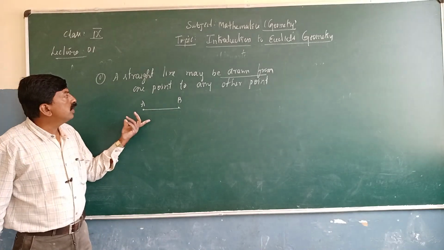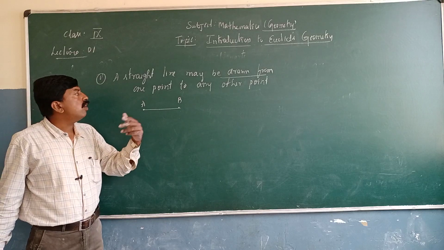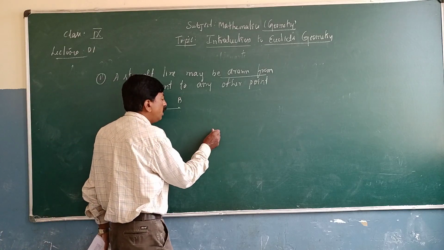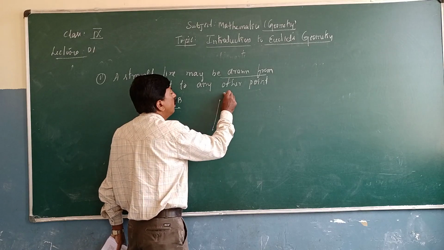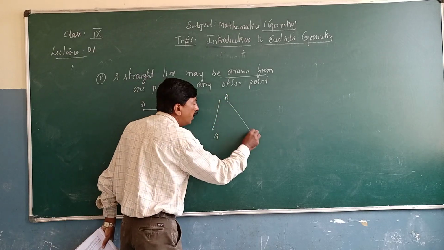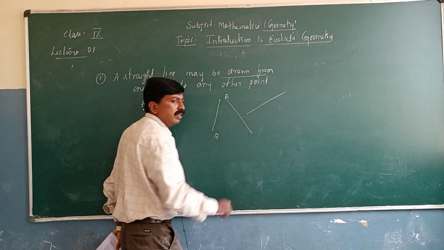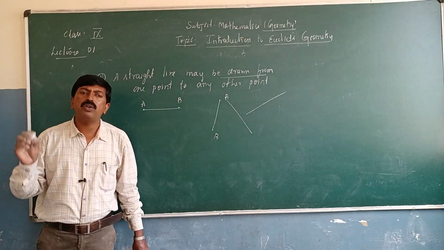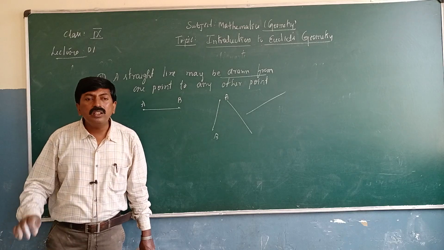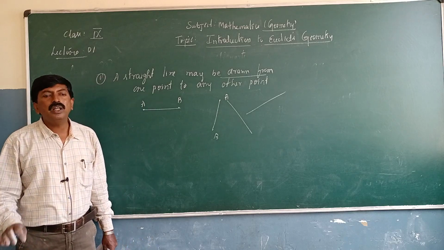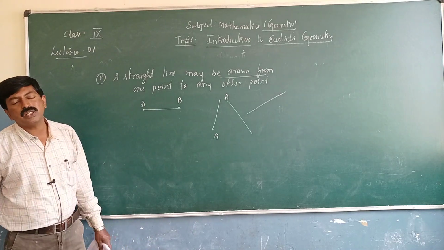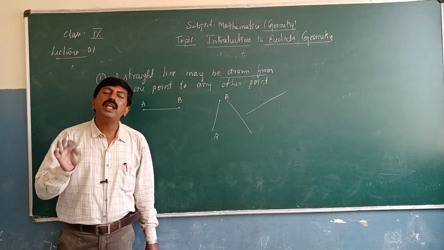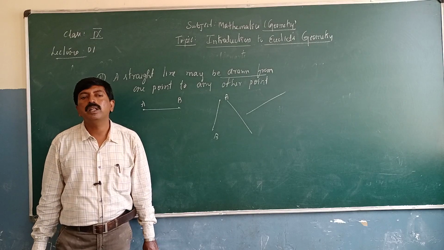So a straight line may be drawn from one point to another, not only like this; even here you can draw through A and B. It means a minimum of two points is required to draw a straight line. For this statement, proof and discussion are not necessary. Generally, we can accept this statement.